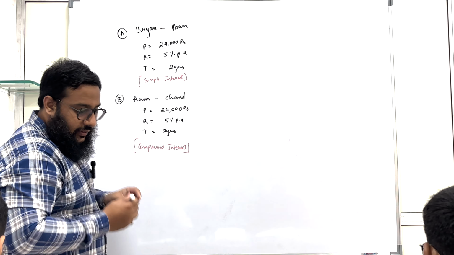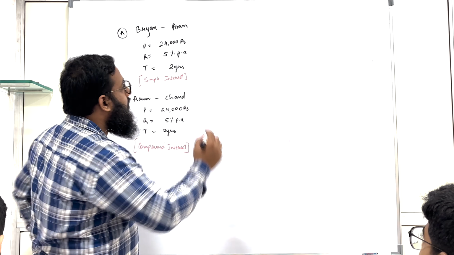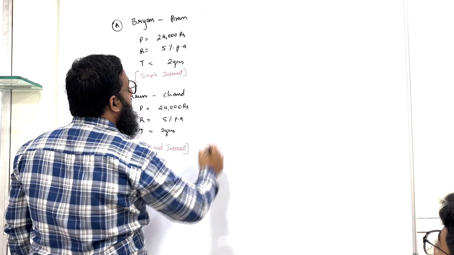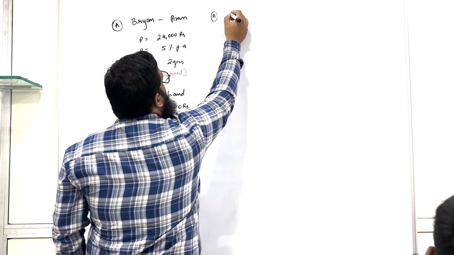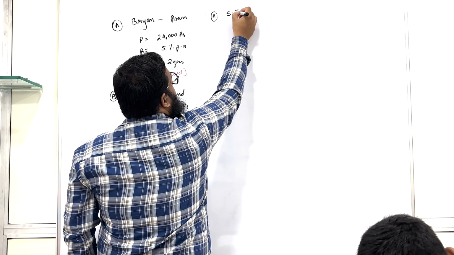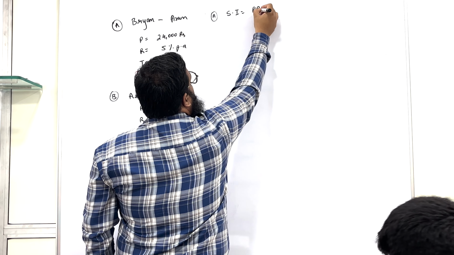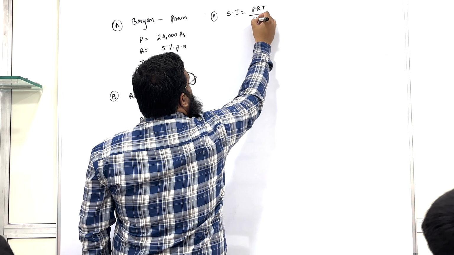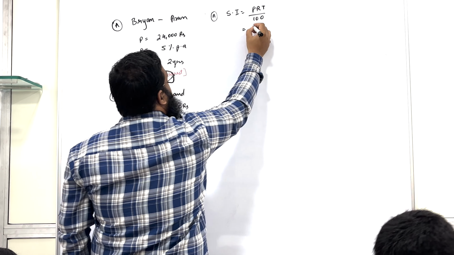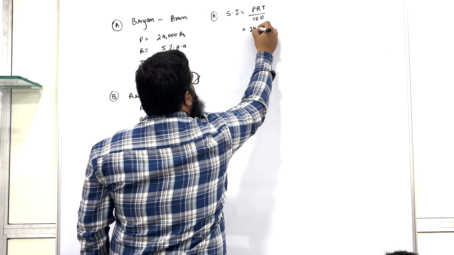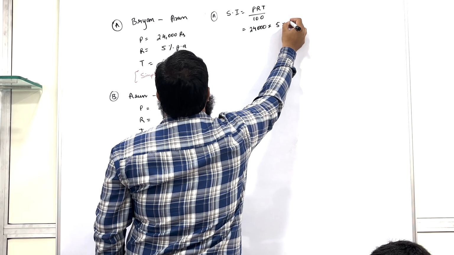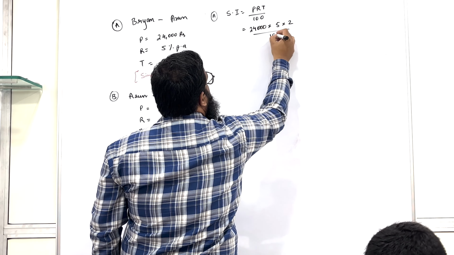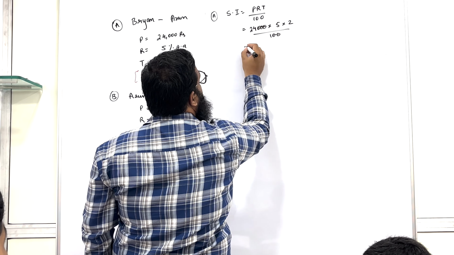So first we'll find out the simple interest. Part A, simple interest is equal to PRT upon 100, which is 24,000 multiplied by rate 5 multiplied by time 2 years upon 100, zeros cut.